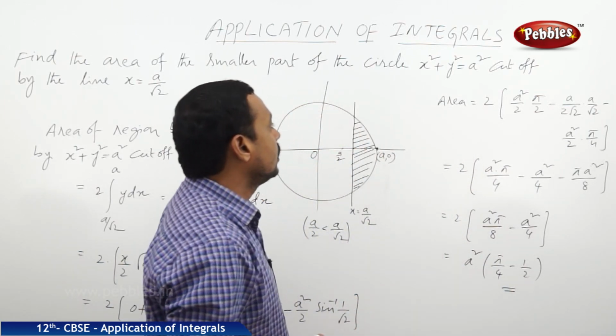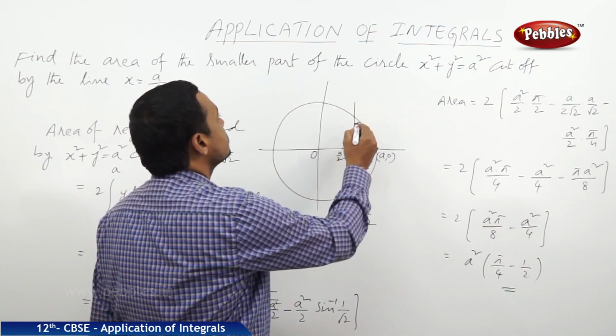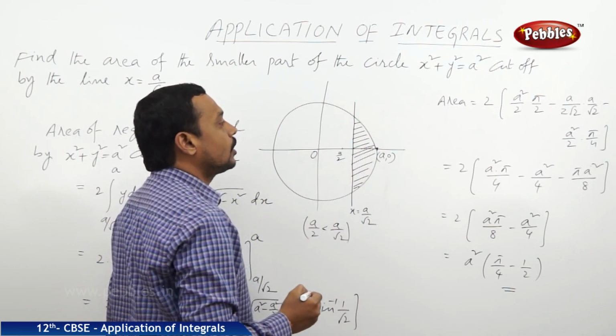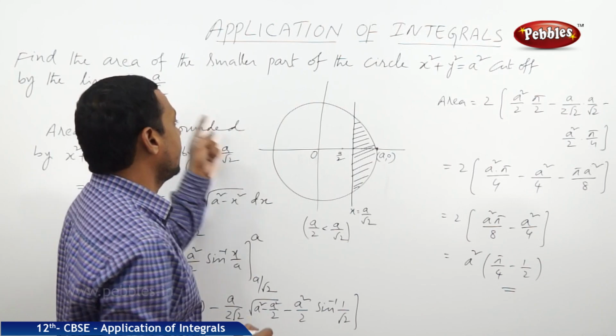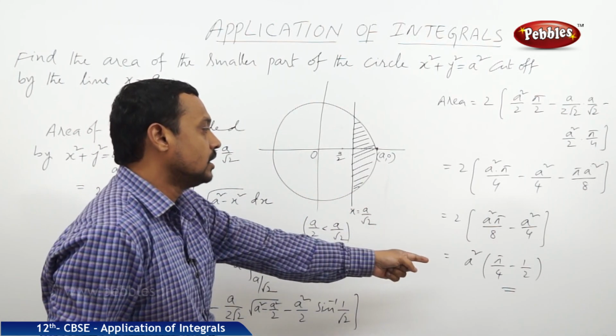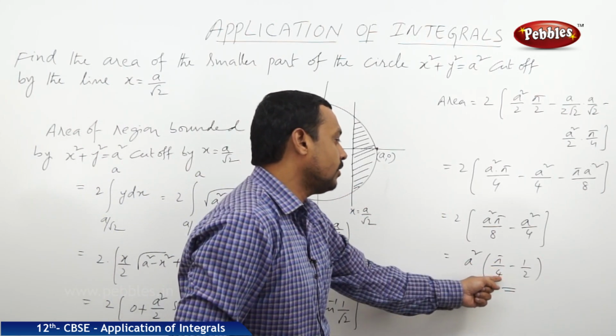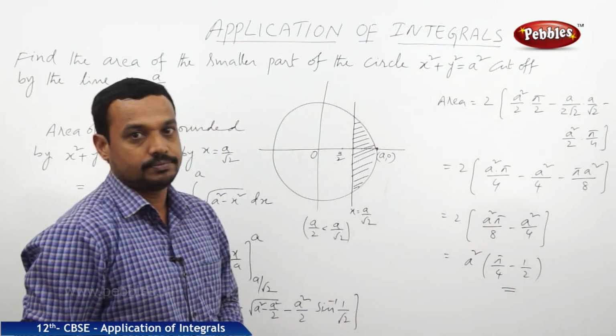Now therefore the area of smaller part of the curve x square plus y square is equal to a square cut off by the line x is equal to a by root 2 is a square into pi by 4 minus 1 by 2 square units.